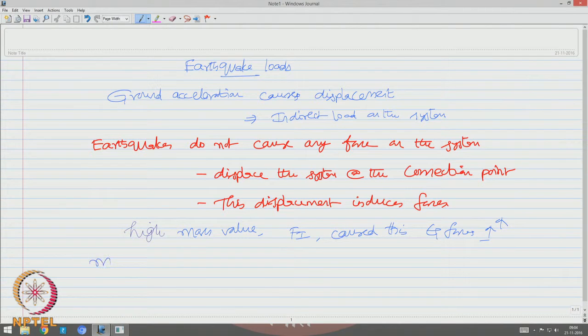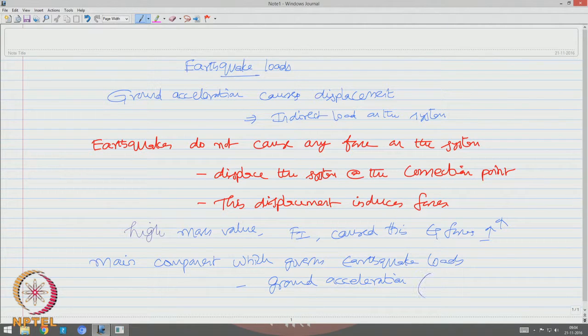So, the main component which governs earthquake loads can be the ground acceleration, which we express as u double dot g.